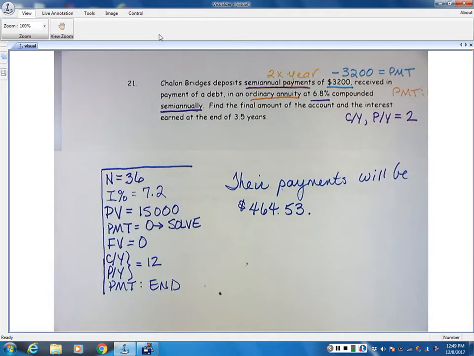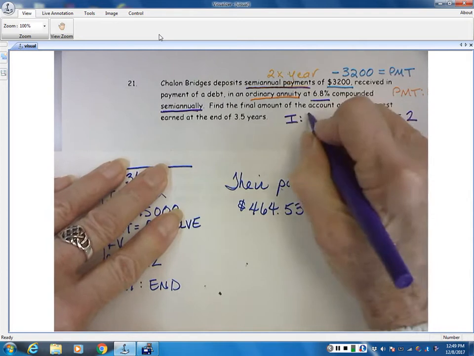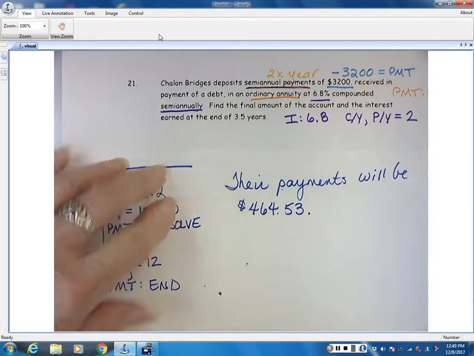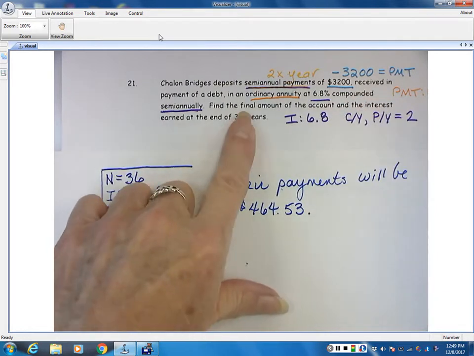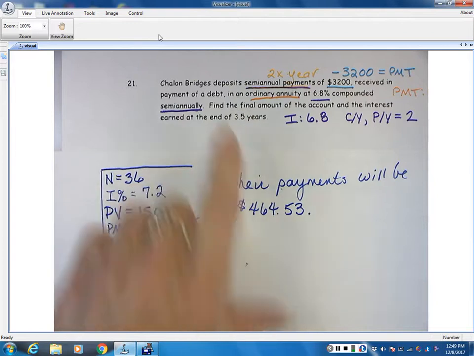And of course your interest rate there is 6.8%. And it says find the final amount on the account and the interest earned at the end of 3.5 years.